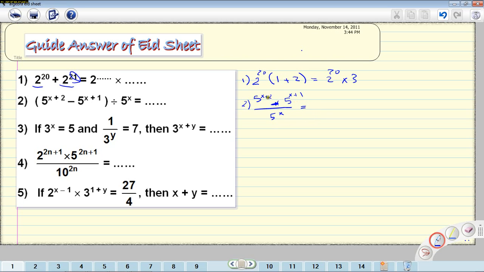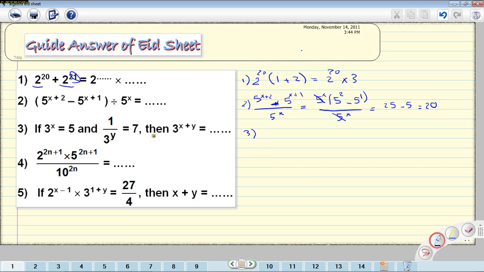A common factor in the numerator, which is 5 to the power of x, open bracket, 5 to the power of 2 minus 5 to the power of 1, over 5 to the power of x. Simply, we are going to simplify 5 to the power of x and 5 to the power of x. It's 25 minus 5. The answer is 20.